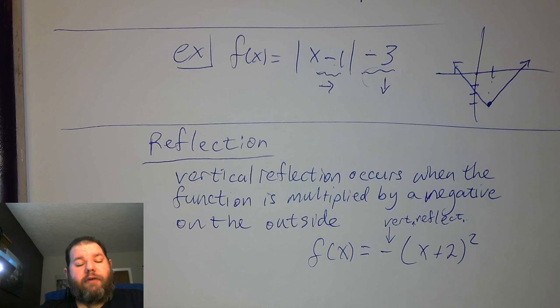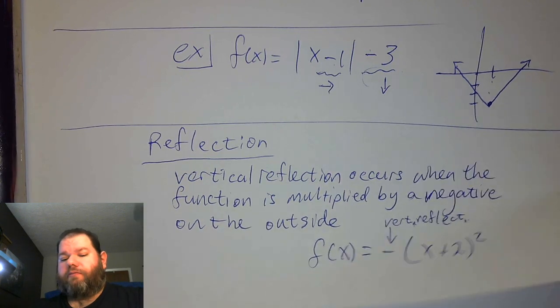Basically it's just that we have an extra minus in front of everything, whether it's in front of the parentheses being squared, or the absolute value, or the square root. Whatever function we're looking at, it'll be right there in front of everything. That's how we normally expect to see it.